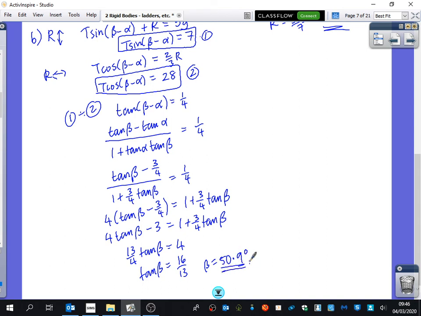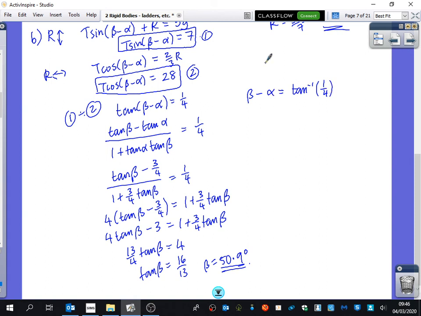That's if they wanted you to come up with the exact value of tan beta, but you could have just come up with this way a little bit quicker at this stage that you've got here. Is that probably the best stage to do it? Yeah, we could actually just work out what beta minus alpha is. So we could say that beta minus alpha is equal to the inverse tan of a quarter.